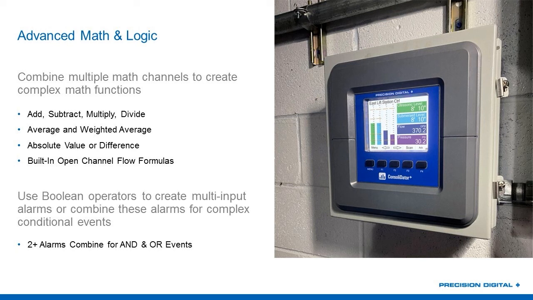This was a really interesting one, and it came up in a real-life application a couple weeks ago where somebody had 2 level sensors. They trusted one of them a lot more than their other level sensor, but they needed to use both of them to get the same level reading. So I set it up so that both of the inputs to the ConsoliDator Plus were feeding a level reading.